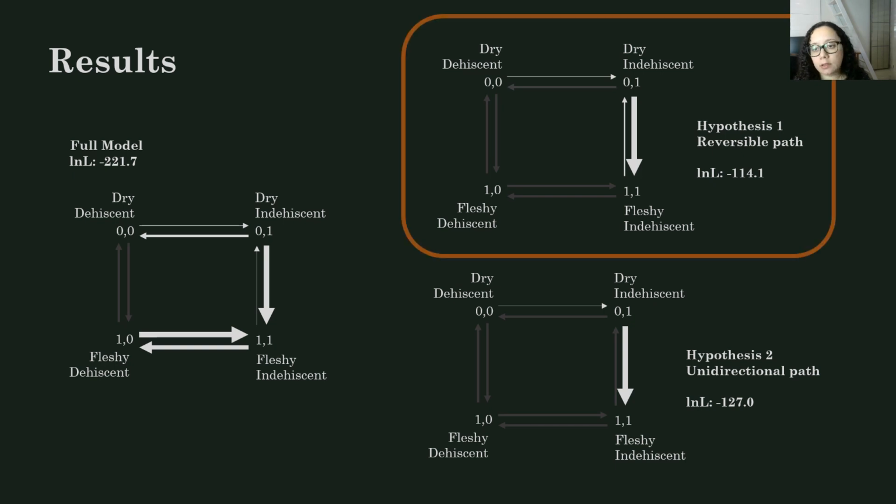And in the end, hypothesis 1 is the best model for the data that we have. Not only that, it also says that the ancestral state in the family is a dry dehiscent state.